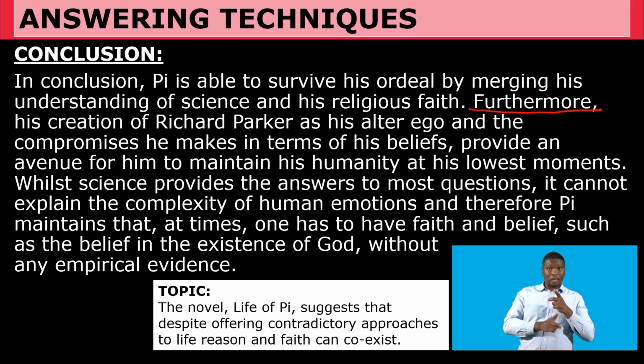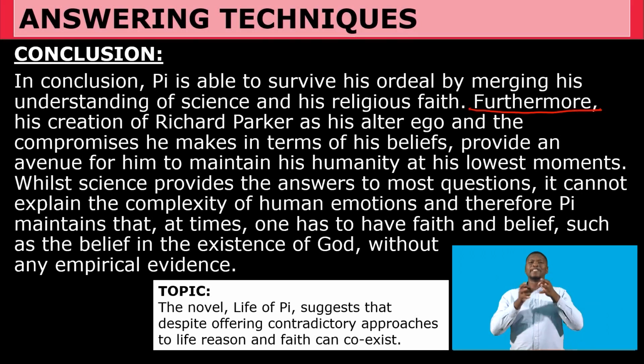While science provides the answers to most questions, it cannot explain the complexity of human emotions, and therefore Pi maintains that, at times, one has to have faith and belief, such as the belief in the existence of God without empirical evidence. So, that is how you structure your conclusion appropriately.